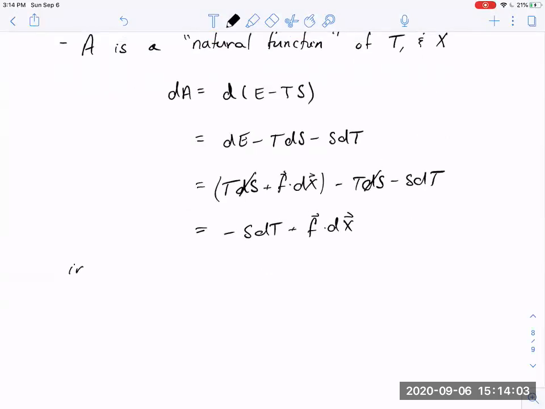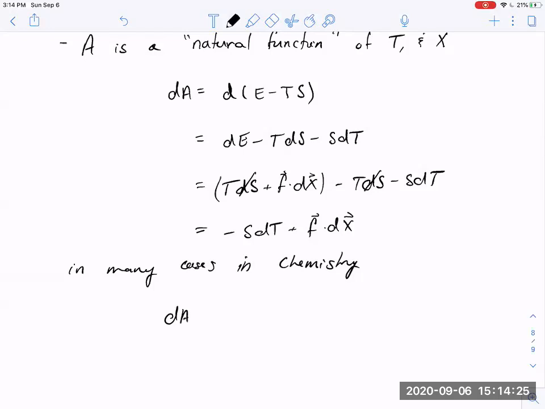Now, in many cases, in the context of chemical systems, the two major ways that we will mechanically manipulate the system are through PV work and chemical work.